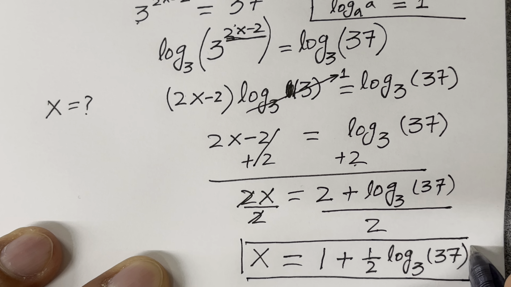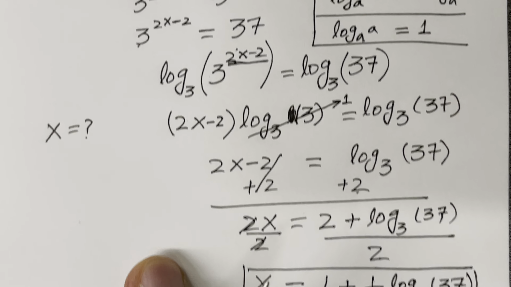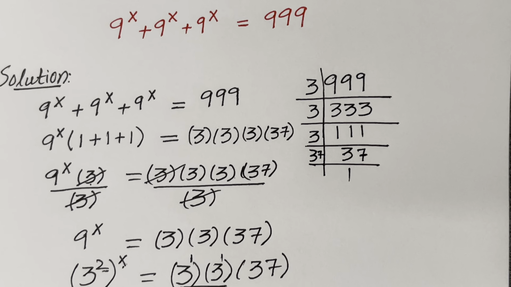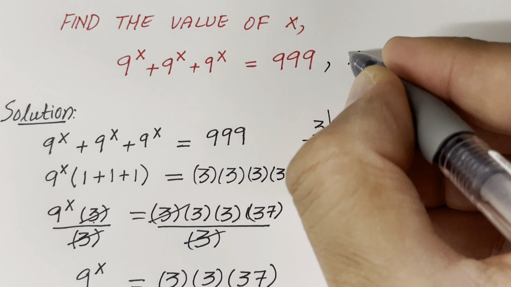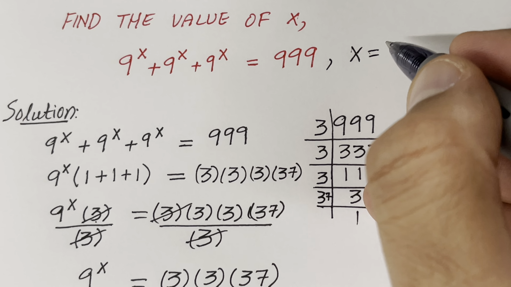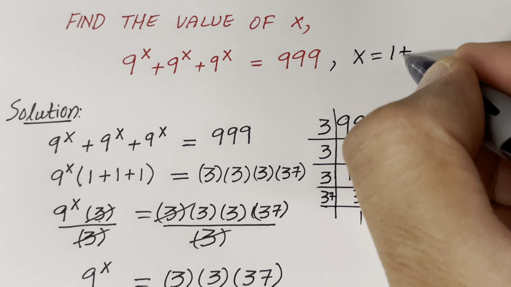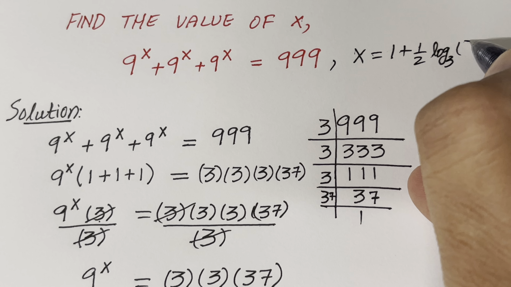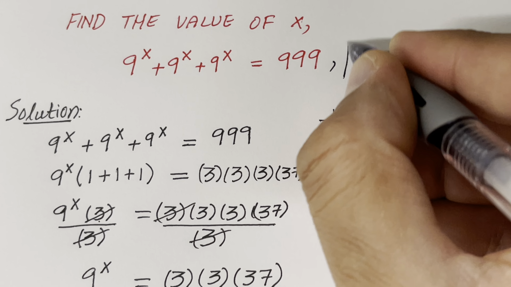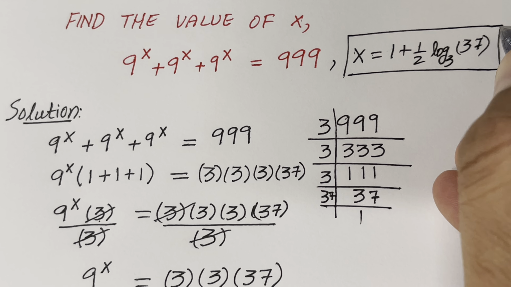And this is the final answer. So we had this question and we wanted to find the value of x, and the value of x is 1 plus 1/2 log base 3 of 37. This is the final answer.